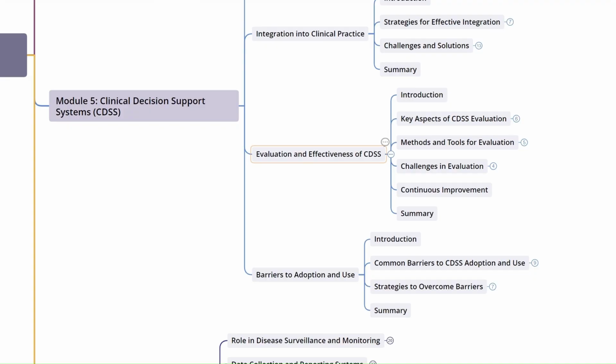Studies are conducted to evaluate how system alerts are received, whether they are relevant and correctly timed, and how clinicians respond to them. The ultimate goal is to ensure that CDSS serve as reliable, trustworthy tools that contribute meaningfully to better patient outcomes. Continuous evaluation and system refinement are critical for maintaining effectiveness, especially as clinical guidelines evolve and new challenges emerge in patient care.